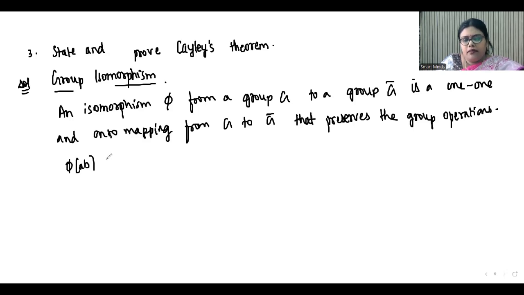Phi of AB is equal to phi of A into phi of B for all A, B belongs to G.